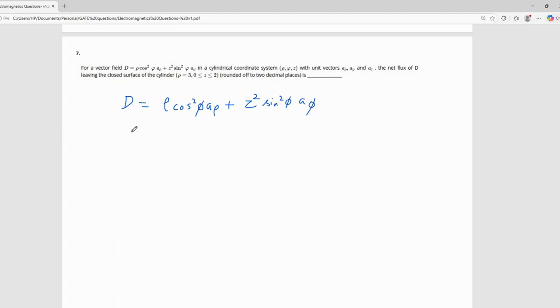Now we know that the flux of D leaving the closed surface is given by the closed integral of D dot ds. And here it's a cylindrical surface, so the flux comes out in a radial fashion.